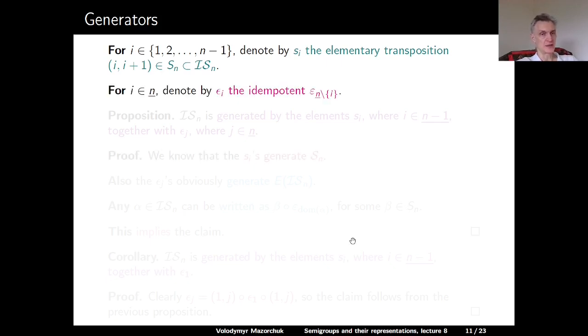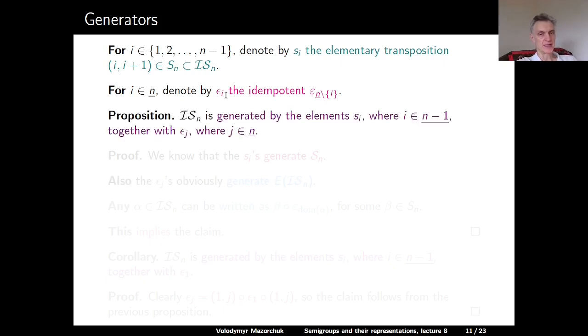For i in n underlined, let us denote by epsilon_i the idempotent which is the calligraphic epsilon on the set n underlined minus i. So that's the identity on all elements except i. So note the difference in notation. We use the calligraphic epsilon for epsilon X, and then this non-fancy epsilon for epsilon sub i.